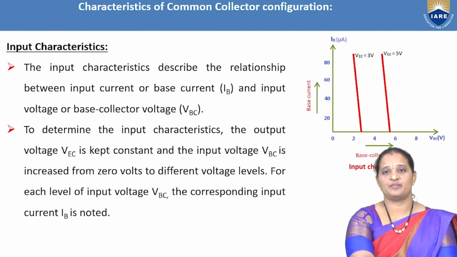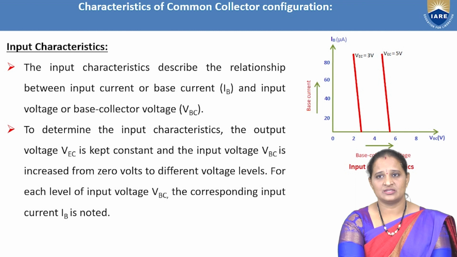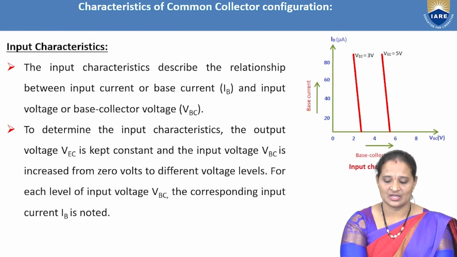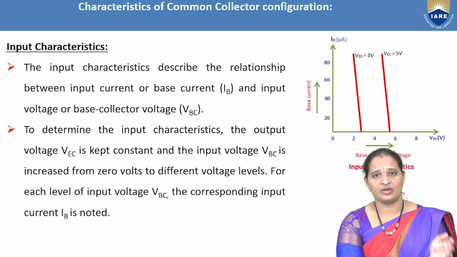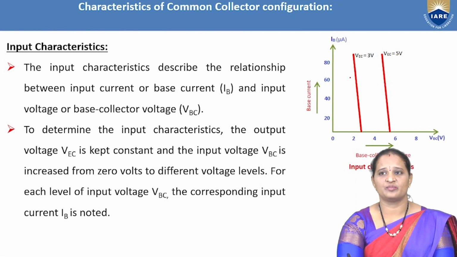First of all, input characteristics. As we all know, the input characteristics are the graph drawn between the input voltage and input current by taking the output voltage as constant. Whenever we are drawing the input characteristic curve, the input current is taken on the y-axis, keeping the output voltage as constant.